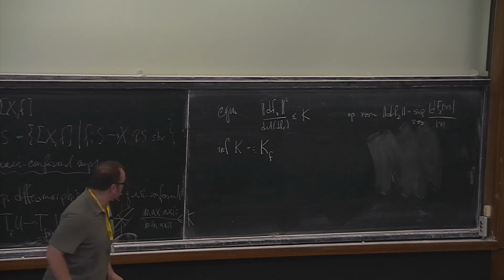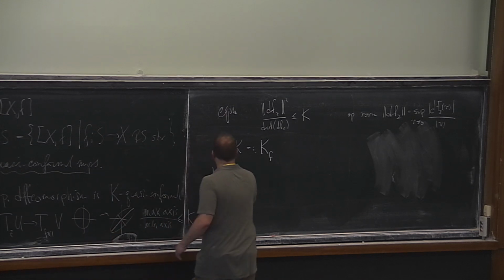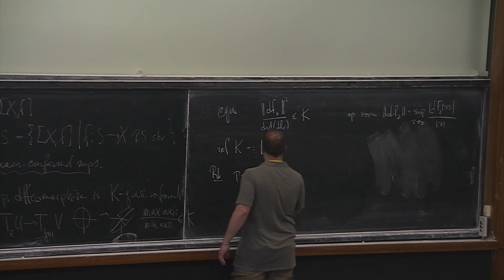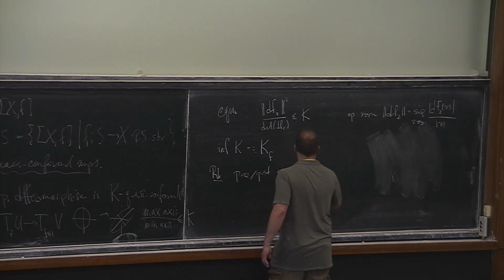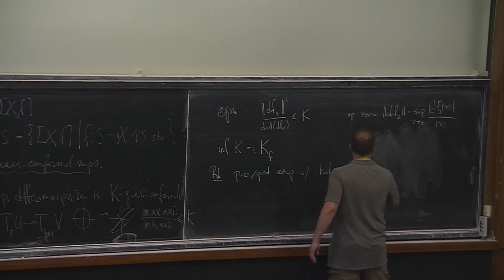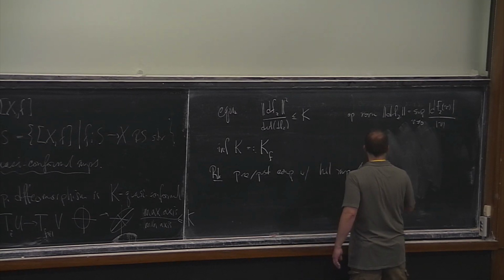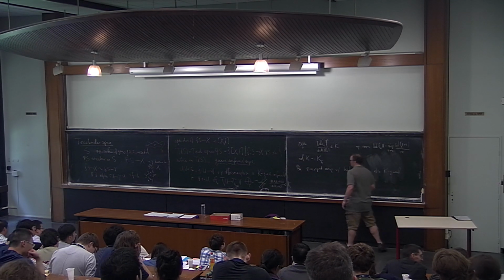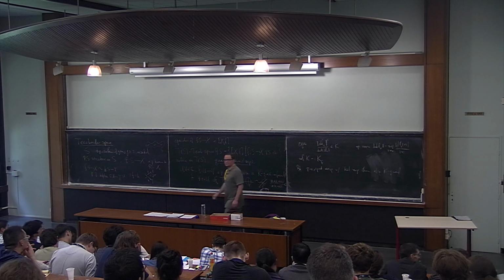Okay? So maybe something to note about this, a remark: if I pre- or post-compose with a holomorphic map, a conformal map, then it's also K quasi-conformal. That's an easy exercise.